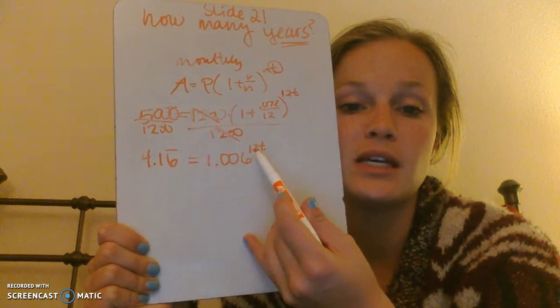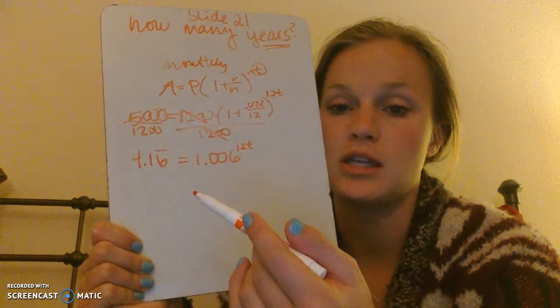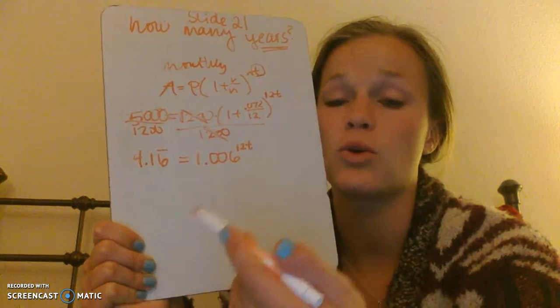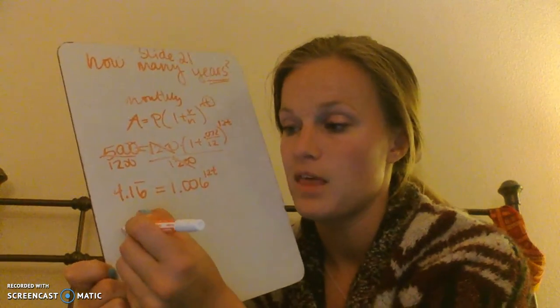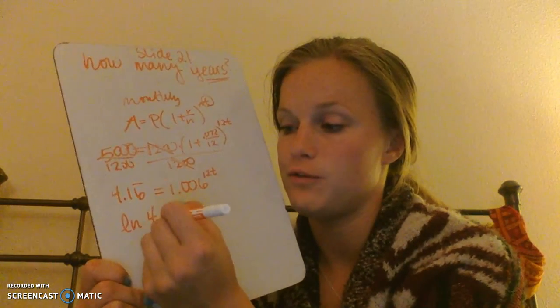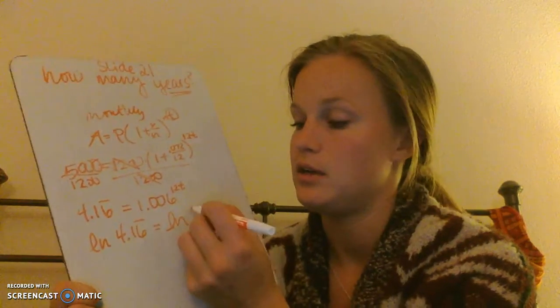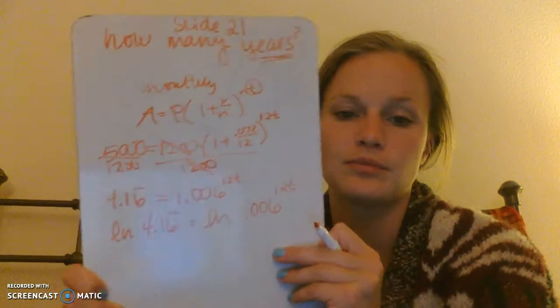Here, I'm raising to a power, and so I need to take the log, which undoes that. So you could either do log or natural log. You guys know I prefer natural log because I like the number e. So that's going to be ln of 4.16 repeating equals the ln of 1.006 raised to the 12t.